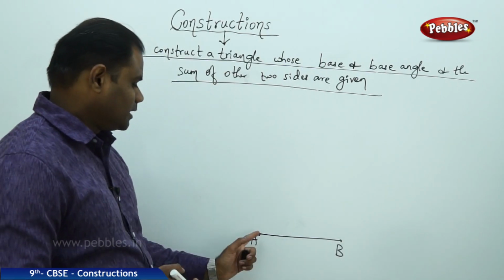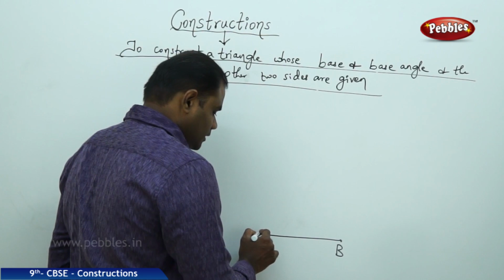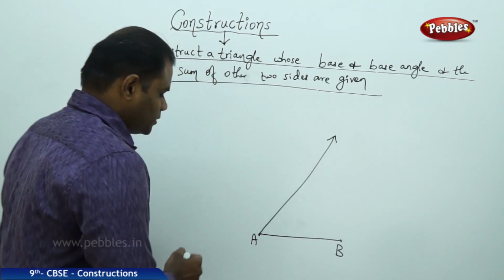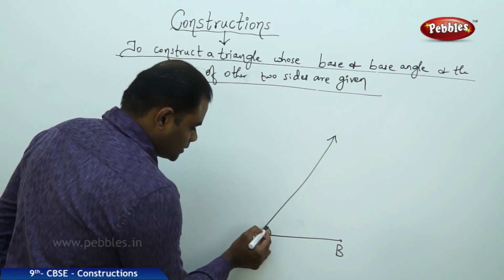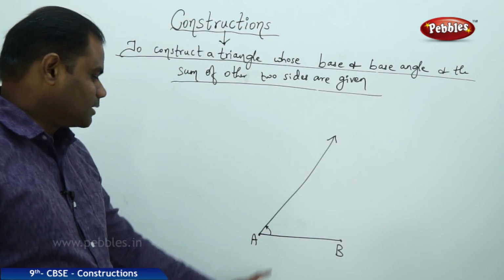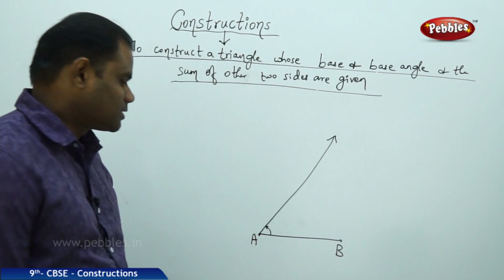Say my base angle at A is given, so I make an angle using the protractor and then I get the angle out here. So here is the base angle.